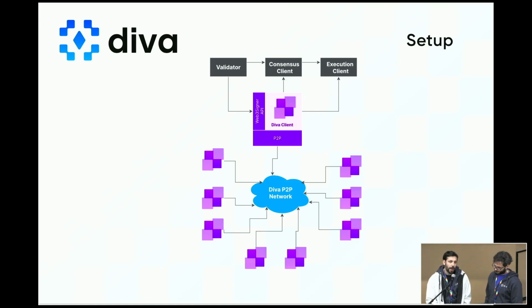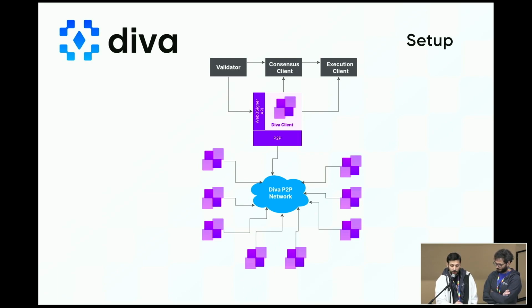So in the product, for convenience, and we will do the very same thing for the testnet for everyone to be able to do it, we are having a Docker compose with the images. Here in the image, you can see the different parts. First, the validation that usually comes with the consensus client, and then the execution clients.